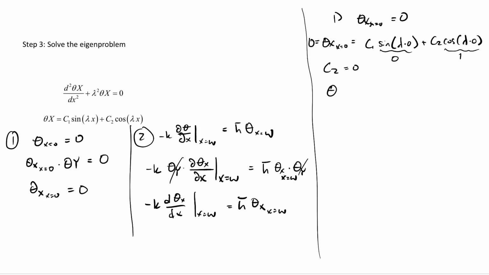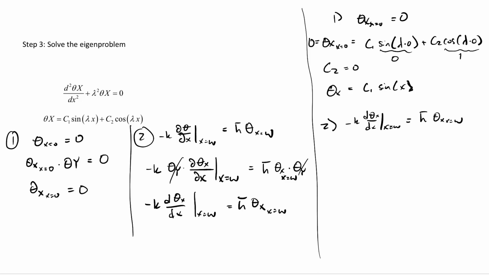So then we're left with our expression theta x is equal to c1 times sine of lambda x. That's what we can move forward with here. Second boundary condition: we're going to say minus k times d theta x dx evaluated at x equals w is equal to h bar theta x at x equals w.